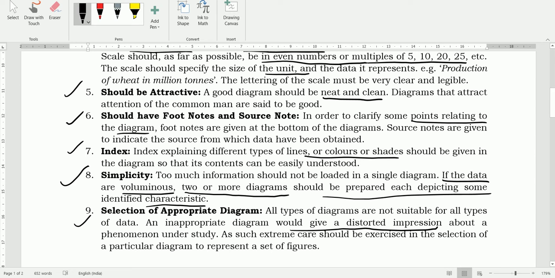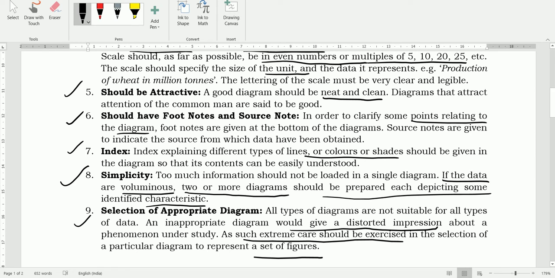If your diagram is not appropriate for the particular data, then it will give a wrong impression. As such, extreme care should be exercised in the selection of a particular diagram to represent a set of figures. Say for example, you have been asked to represent land use data.